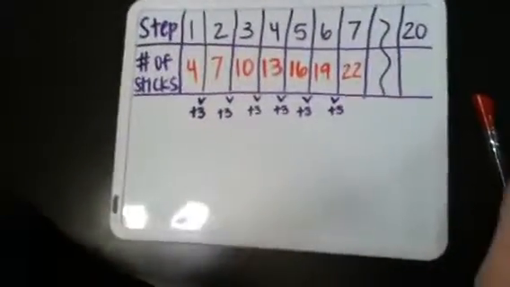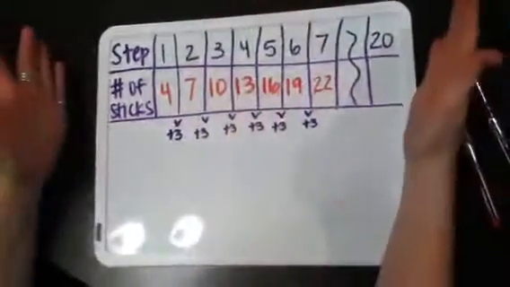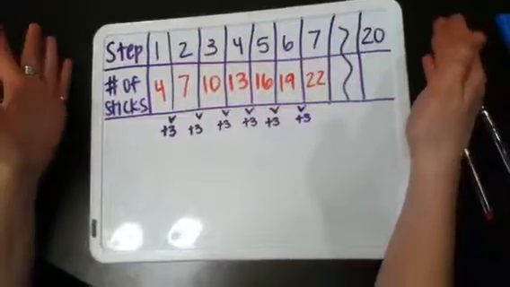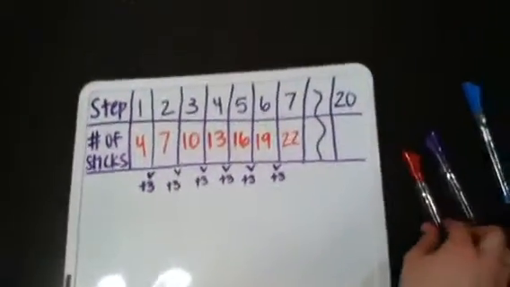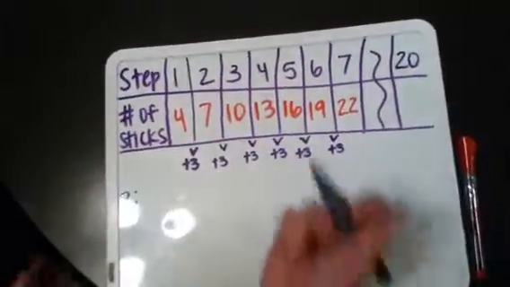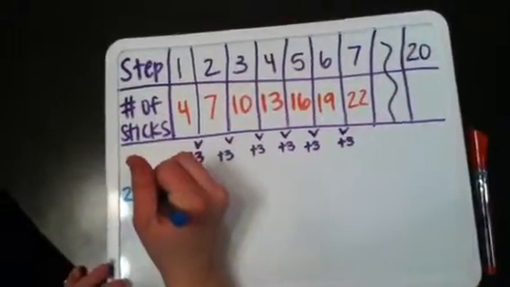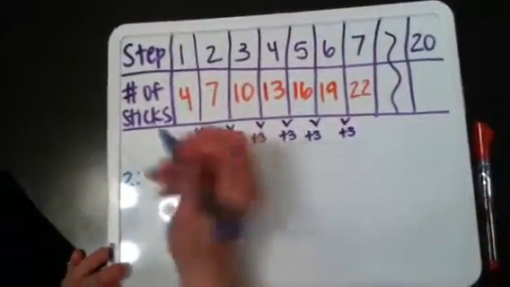Okay, so now we need to make a rule that describes this chart and the pattern. First we're going to look at step 2. What did it take to get 7? We noticed that we were adding 3 popsicle sticks each time.